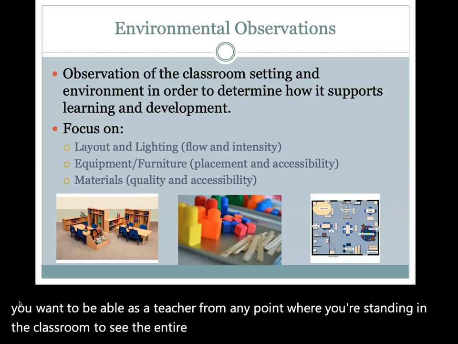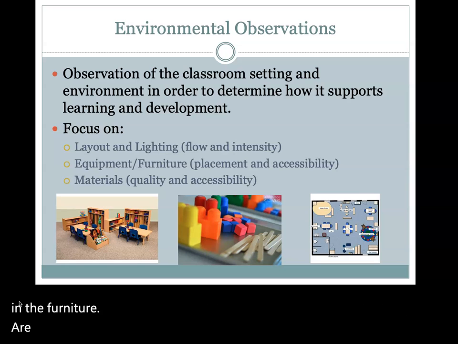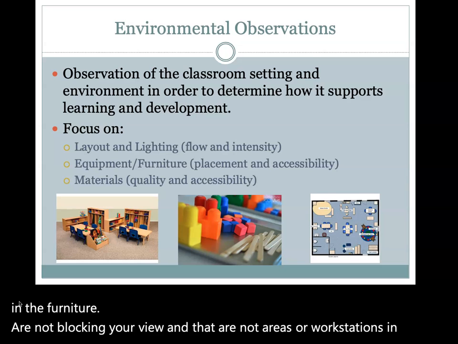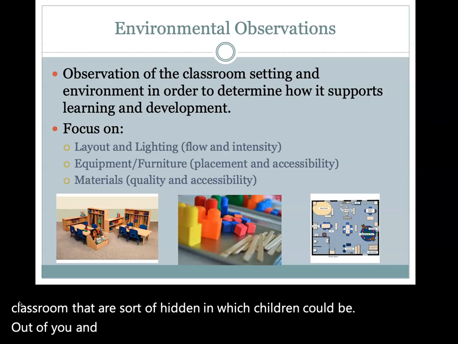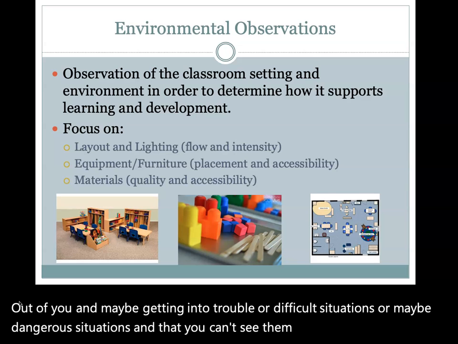So make sure that the equipment and the furniture are not blocking your view and that there are no areas or workstations in the classroom that are hidden, in which children could be out of view and maybe getting into trouble or dangerous situations and that you can't see them. So that's important to look at.